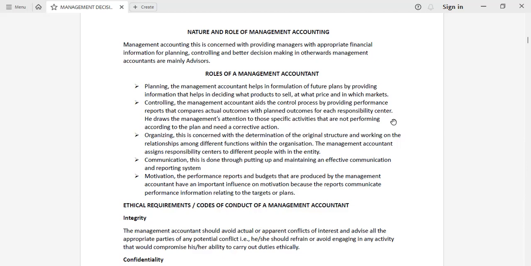So when that happens, those who have performed better, these management accountants may advise that they receive some bonuses. And that's how motivation comes in.